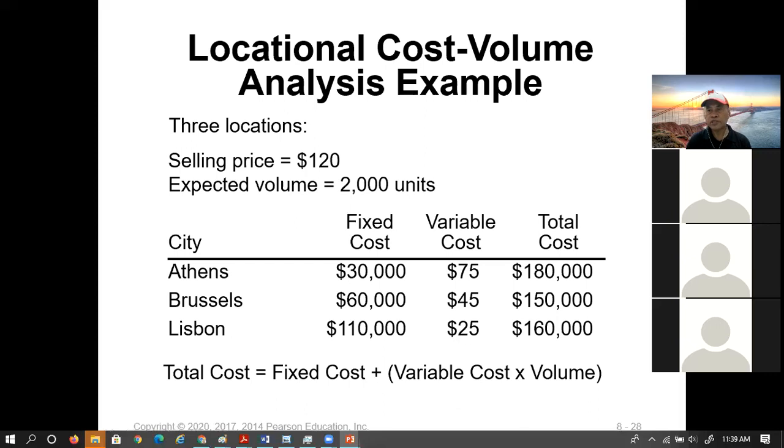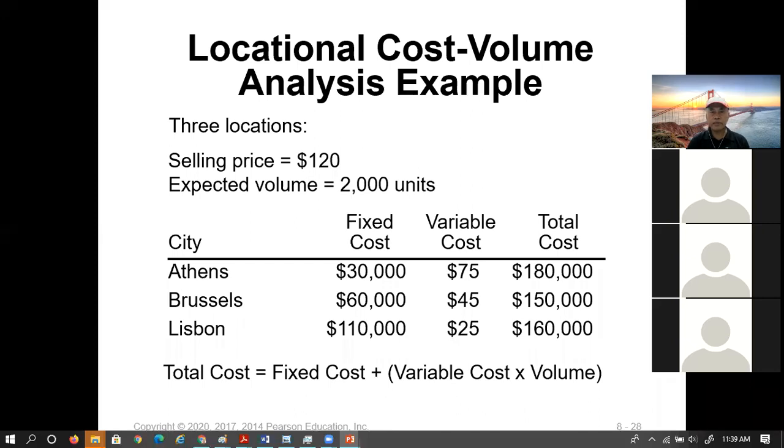This can be for the location, buying the land or constructing the building. And then the variable cost, the operational cost, the daily cost, raw materials and labor costs, is 75.